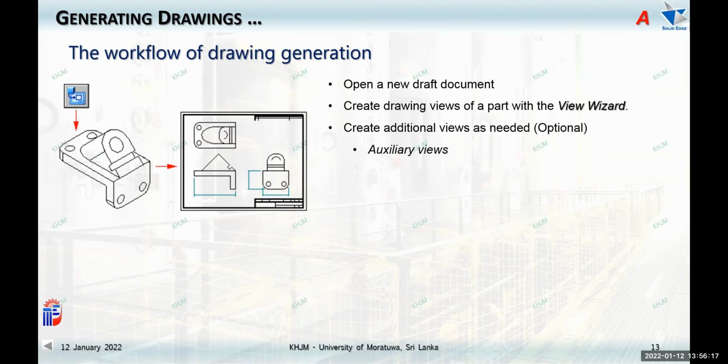That slanted surface, if I want to see something on that as a true picture, not the projections, then I need to see it perpendicular to that surface. So that is what you call the auxiliary views.